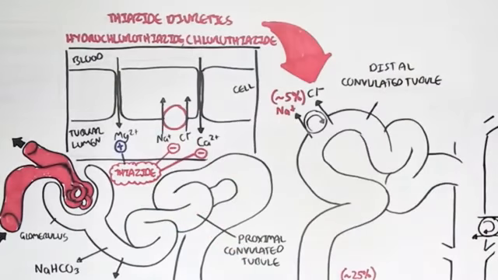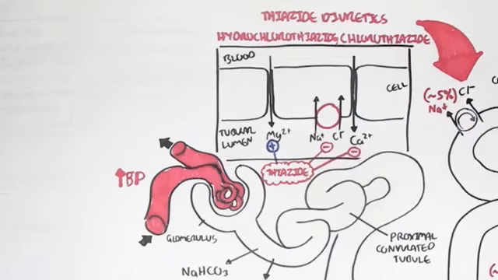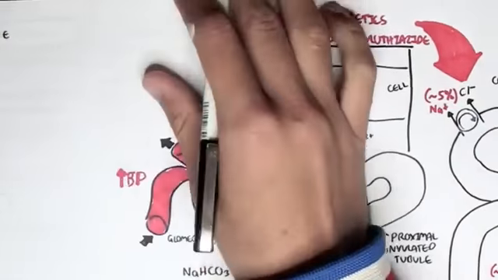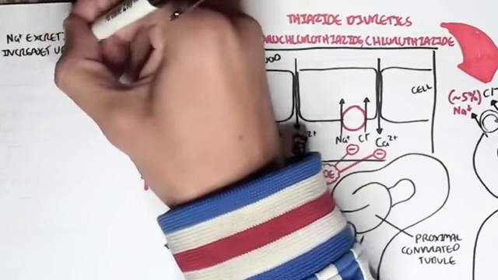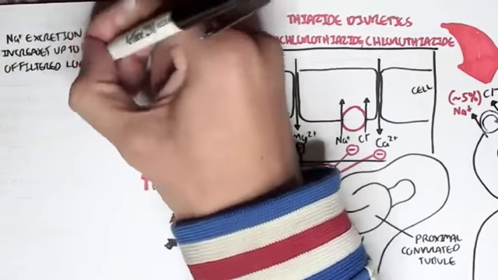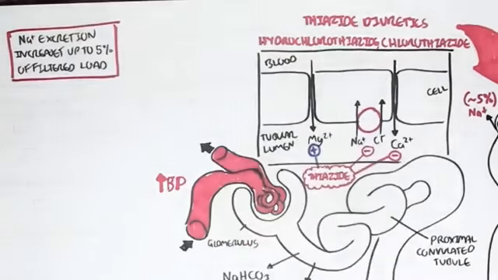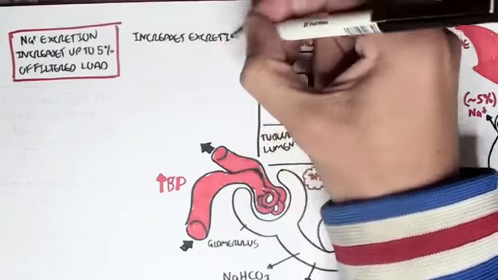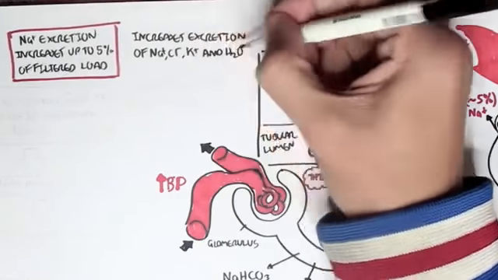So thiazide diuretics, of course, increase the sodium excretion up to 5% of the filtered load, 5% because this transporter only reabsorbs roughly 5%. Thiazide diuretics increase excretion essentially of sodium, chloride, potassium, and water.